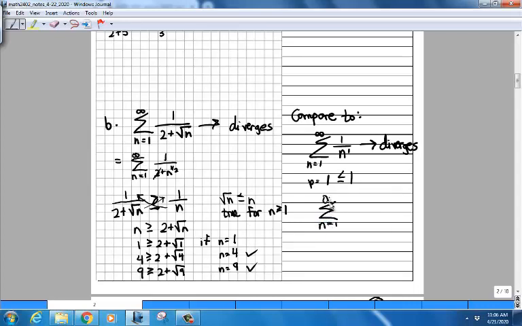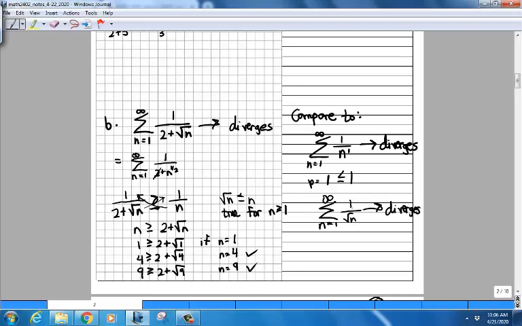It might have been easier to compare this to, instead of 1 over n, 1 over square root of n, because 1 over square root of n certainly looks like 1 over 2 plus square root of n. And we know already this series diverges. Oh, no, I take that back.